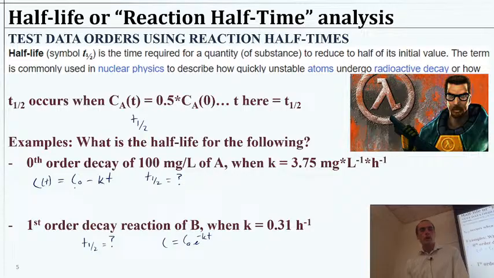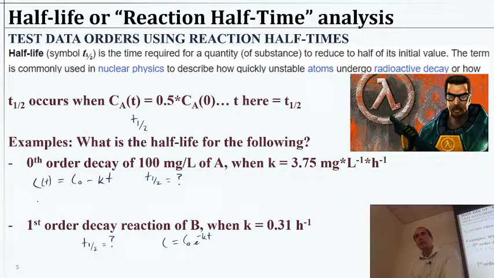So our equation for a zero order solved for concentration is C equals C naught minus KT. And again, the assumption here is we're just looking at batch scenarios. We're not doing any reactor kind of stuff at the moment, just looking at the reaction in isolation. So we were told we started with 100 and we're going to 50.